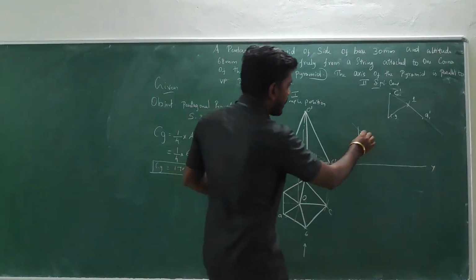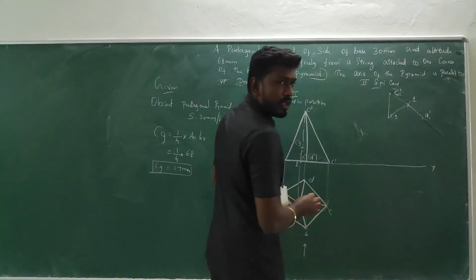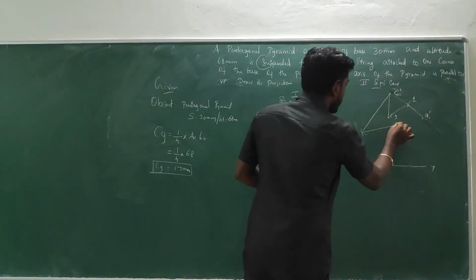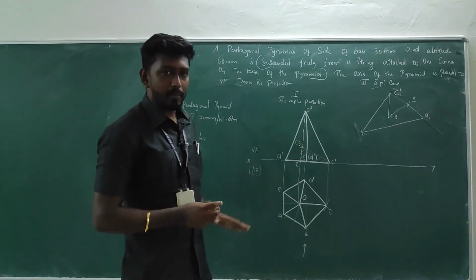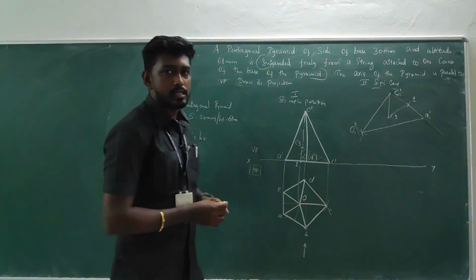Okay, so now you will get the intersection point somewhere here. If you connect C to that intersection point and A to the intersection point, the shape will be obtained. So this will be your apex O1 dash.